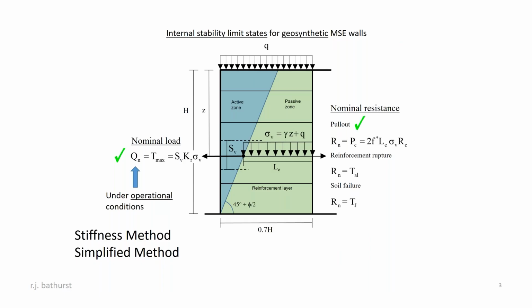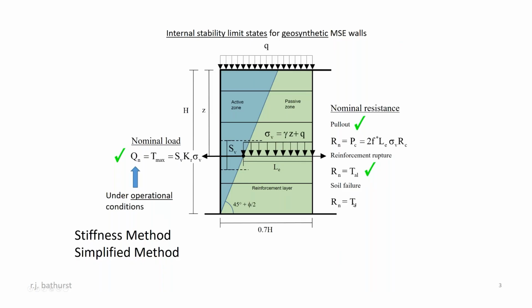On the resistance side, we have to calculate the pullout capacity for each reinforcement layer, which is related to the length of the reinforcement that occurs between a hypothetical internal Rankine type failure surface and the free end. We have to know what is the allowable tensile capacity of each reinforcement layer.